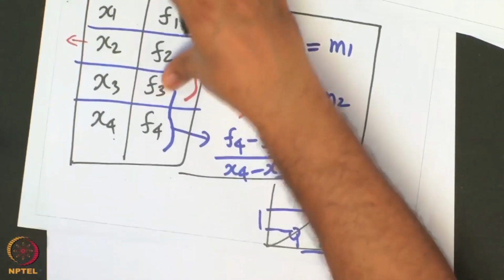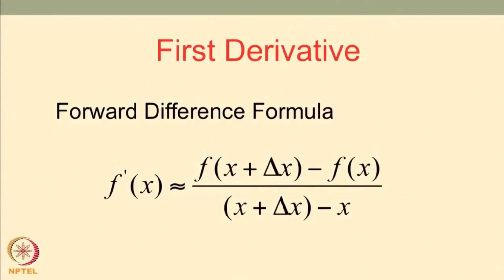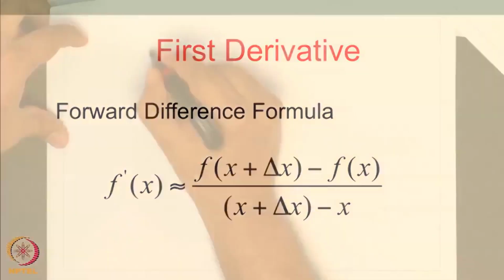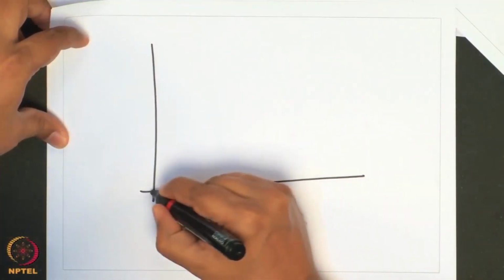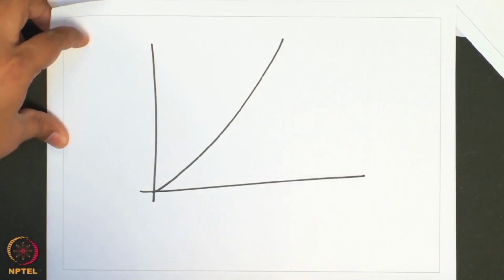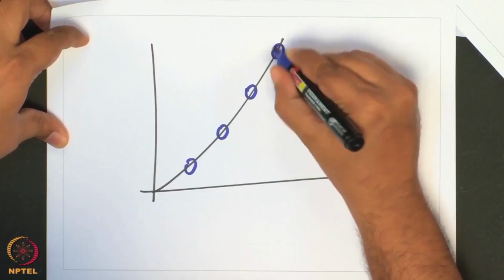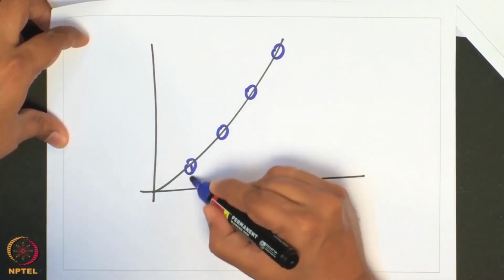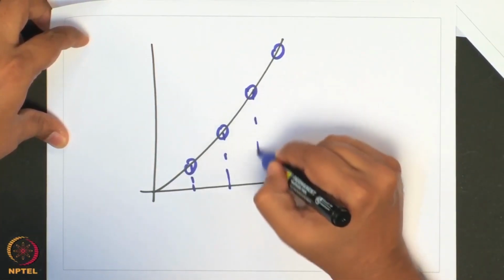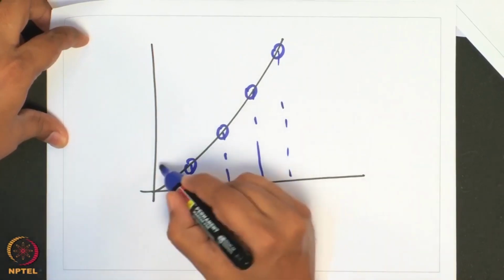What I am trying to say is the following: if you want to calculate the derivative at a particular point, let us say you have this graph and the corresponding x and y values.